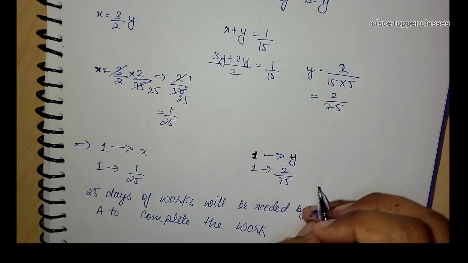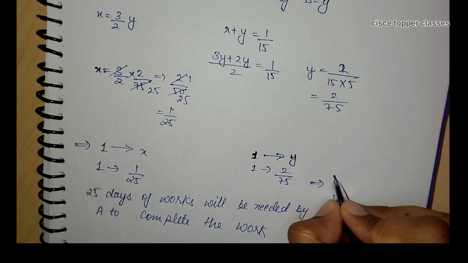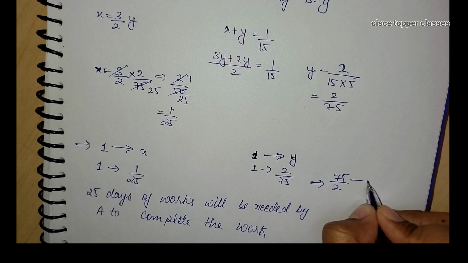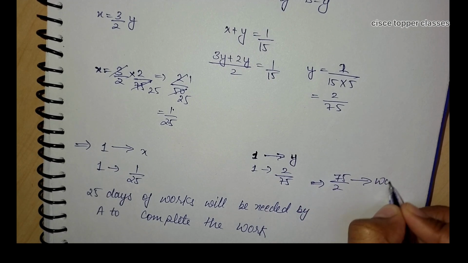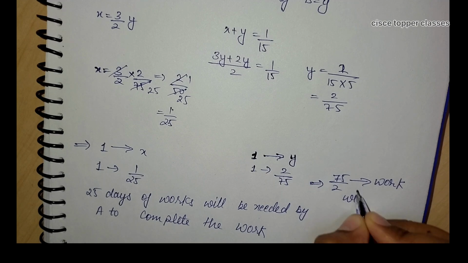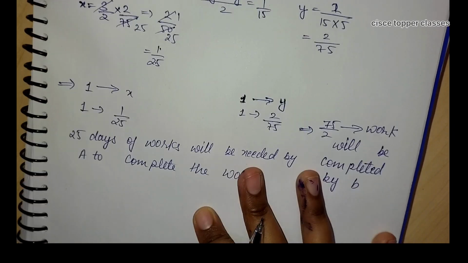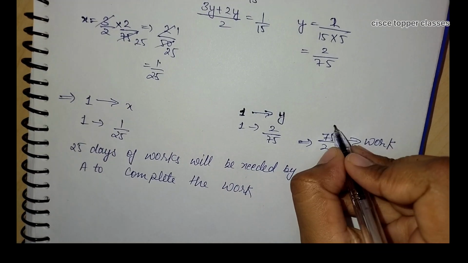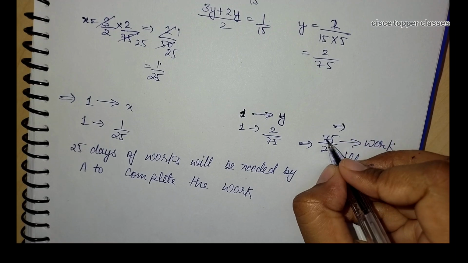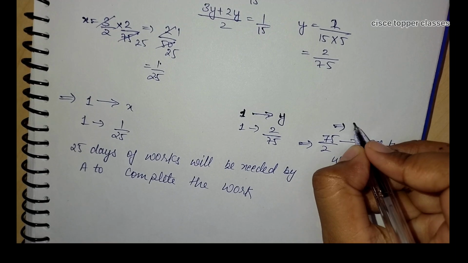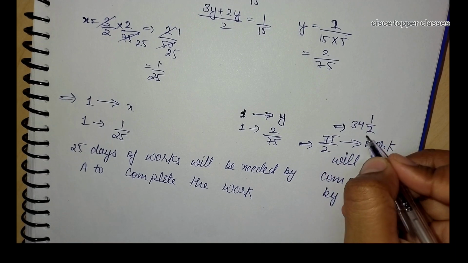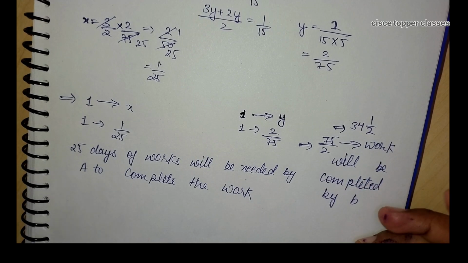So in 75 by 2 days, means 75 divided by 2 days, the work will be completed by B. So this is the final answer here. Means this will be, we can write here 34 1 by 2 here. So this is the final answer here in this question.